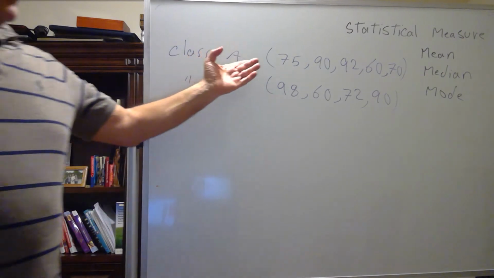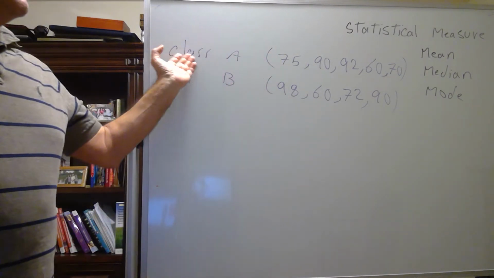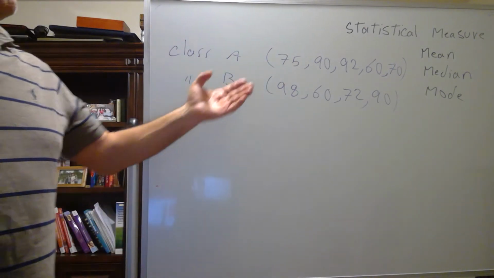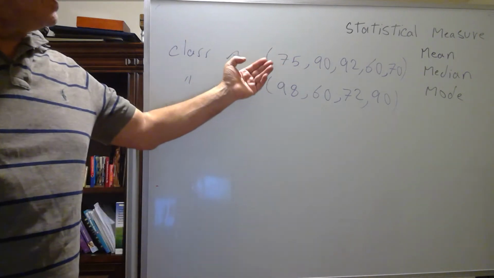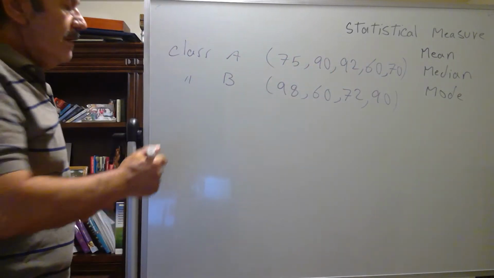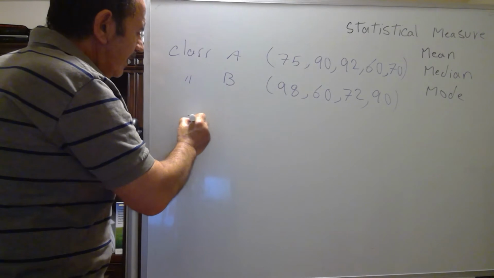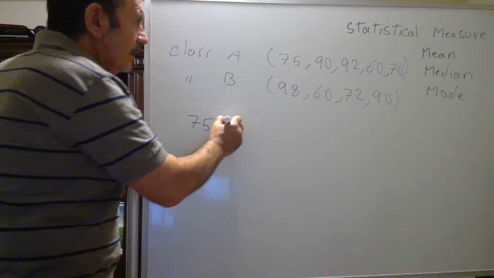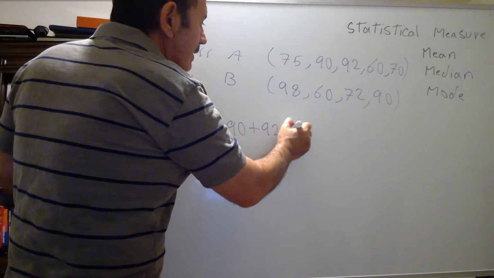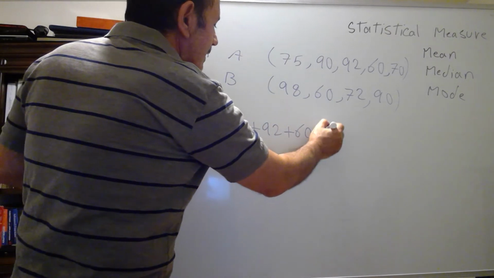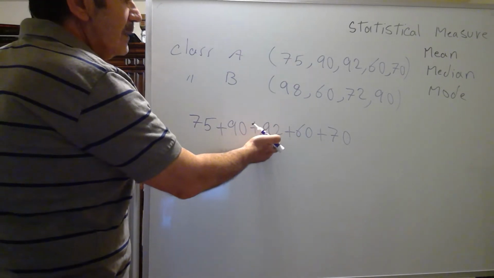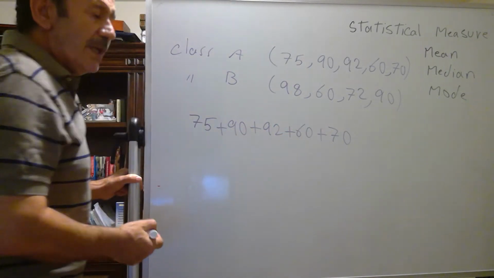If I want to find the mean of the class A students, what is the mean mark or average mark of the class A students? I should add these 5 marks: 75 plus 90 plus 92 plus 60 plus 70.